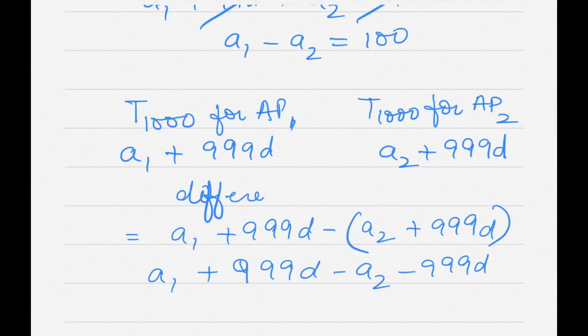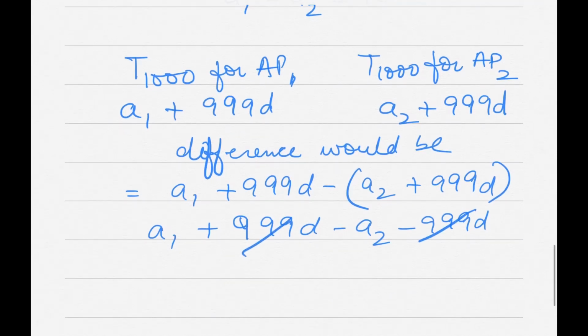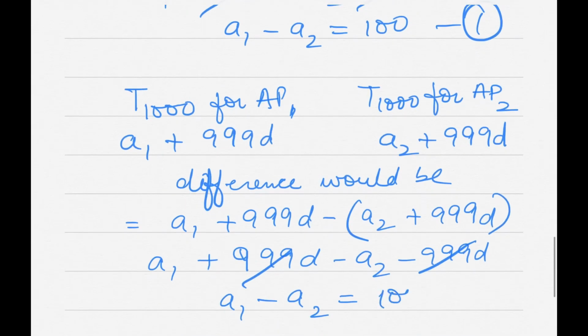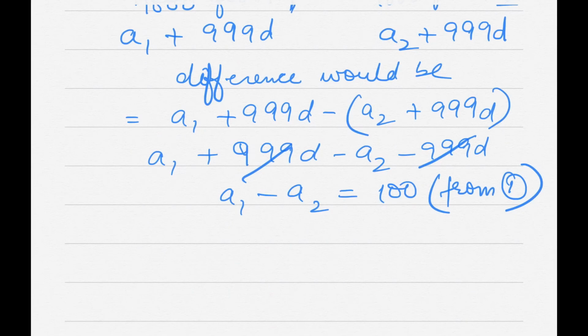So now difference would be, okay, so this and this gets cancelled as my D is same. So again A1 minus A2 I have to find out. So from the previous one we got this as my first equation, which is equal to 100. We have derived it from my first equation. So my difference between the 1000th terms will also be 100.